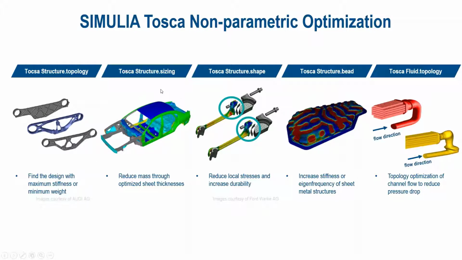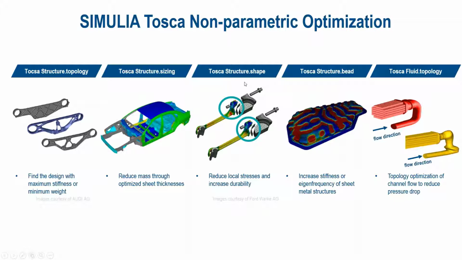Sizing is something which can be applied on, for example, thin metal sheet structures to optimize the thickness for various purposes, but of course to minimize the weight, but also take into account some other performance attributes of the structure.